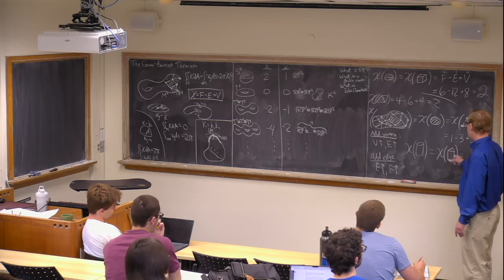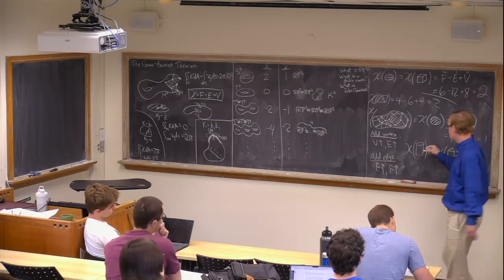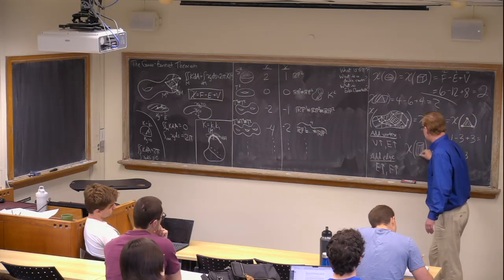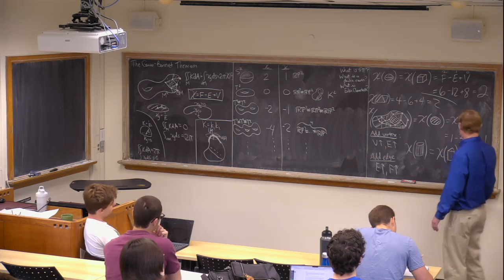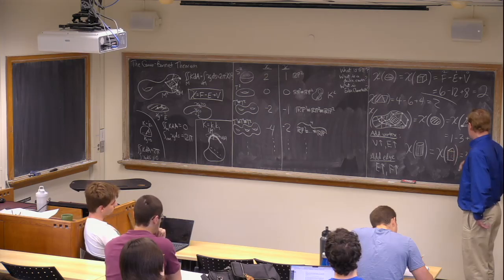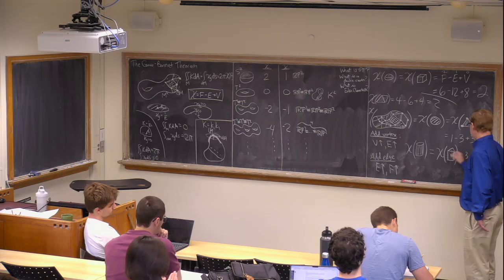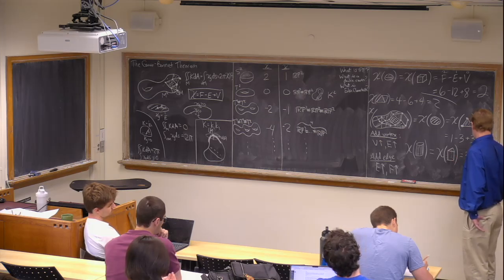I've got the 3 rectangle faces, but not the 2 triangles, because there's a gap there. This is supposed to be a cylinder without the top and the bottom. So that's 3, and the number of edges is 1, 2, 3, 4, 5, 6, 7, 8, 9, and the number of vertices is 1, 2, 3, 4, 5, 6. And then I get that equals 0, right?